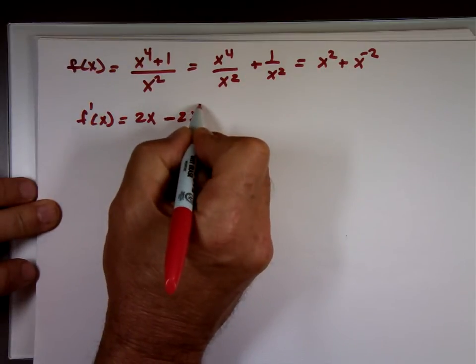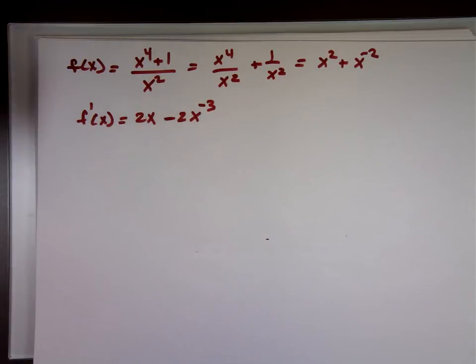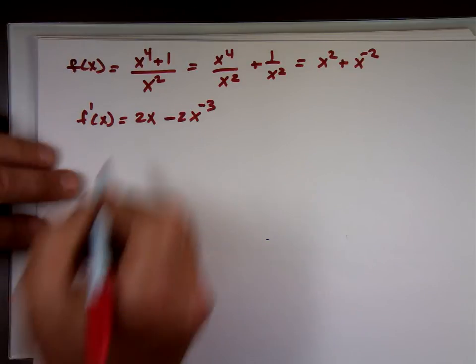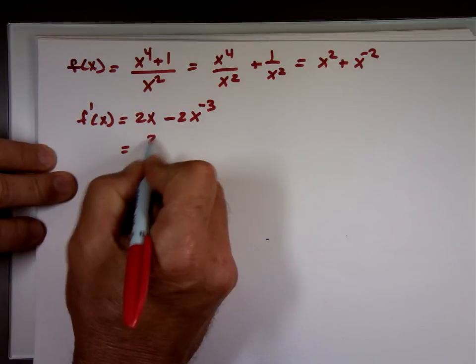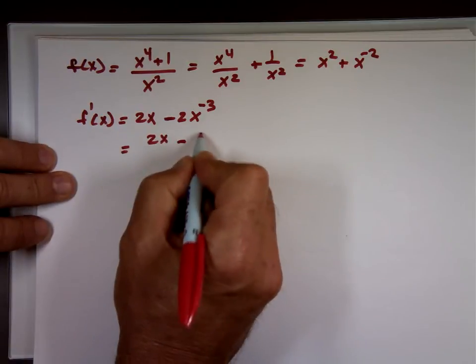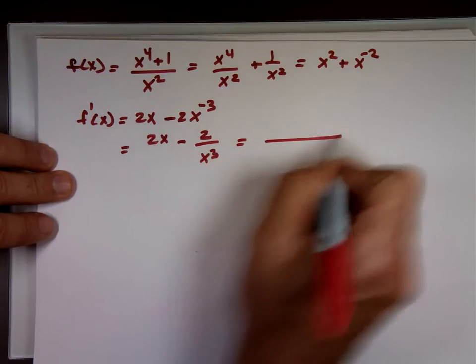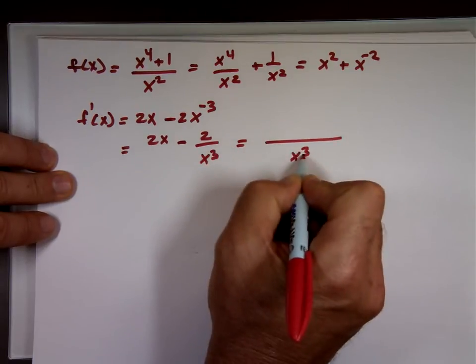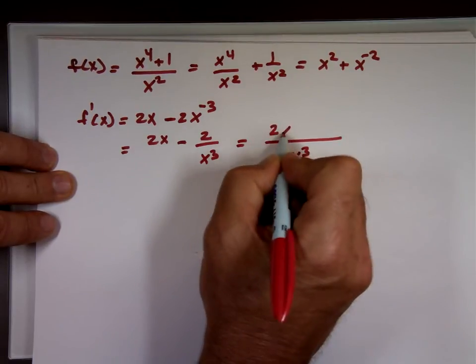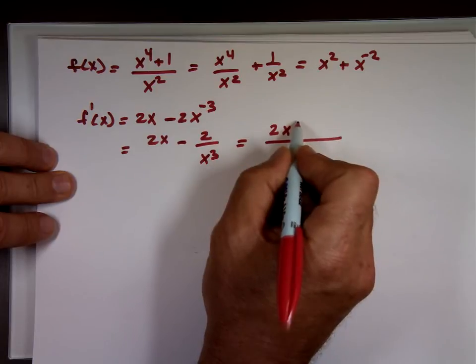Take the derivative that way? You could have used the quotient rule. There's nothing wrong with it. You're still going to clean that. That's 2x minus 2 over x cubed. And if you want to find the LCD, what's the LCD? x cubed. That's 2x to the 4th, yep, minus 2 over x cubed.